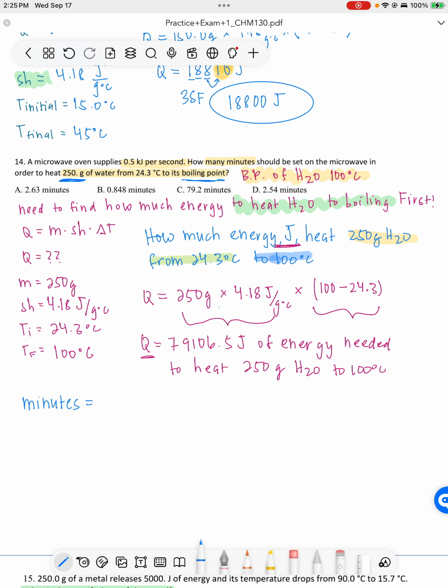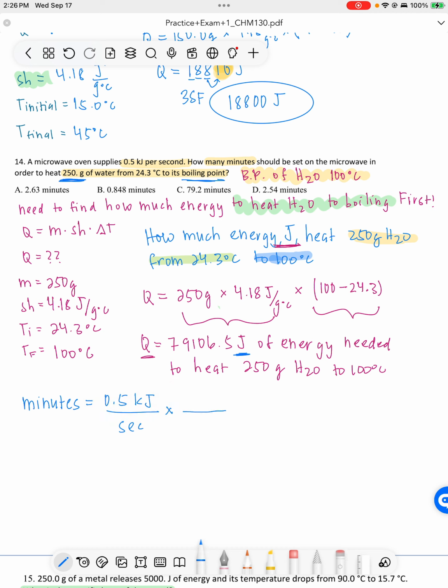Okay, and let's write down what we're given. We're given 0.5 kilojoules per second. And we found how many joules it takes. So we need to either convert this to kilojoules or this to joules. I'm going to convert this to joules, but you can do either one.